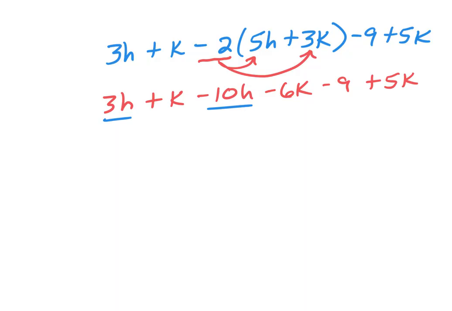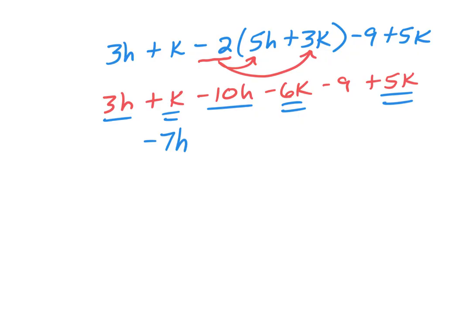So 3h minus 10h would be negative 7h. Okay, and then k's. We got 3 k's in this problem. Different k's. So this would be 1k minus 6k, which would be negative 5. Negative 5 plus 5. What happens to my k's? They're gone, right? They make 0, okay?